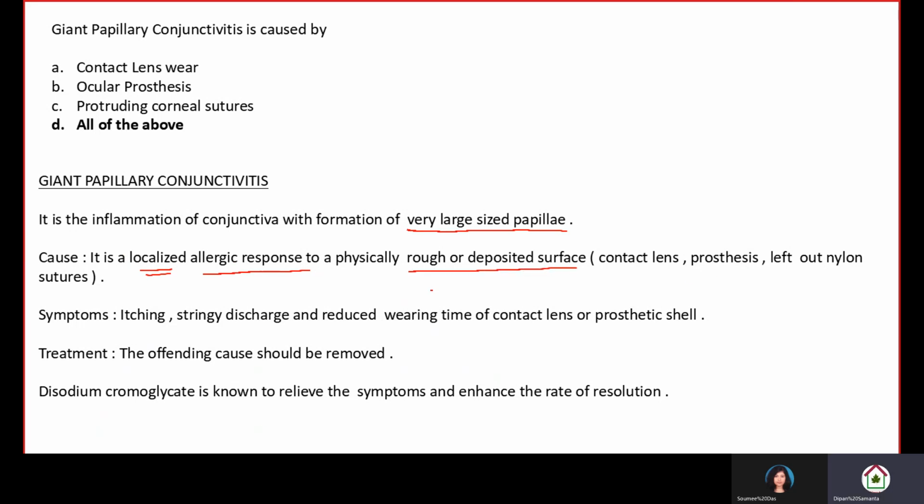Symptoms include itching, stringy discharge, and reduced wearing time of the contact lens or prosthetic shell. Treatment is to remove the offending cause, and disodium cromoglycate is known to relieve symptoms and enhance the rate of resolution.